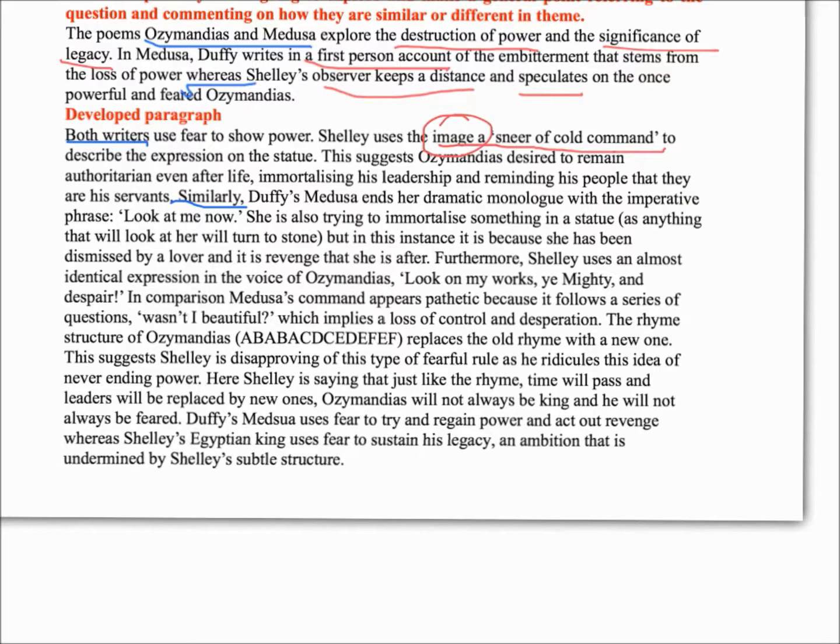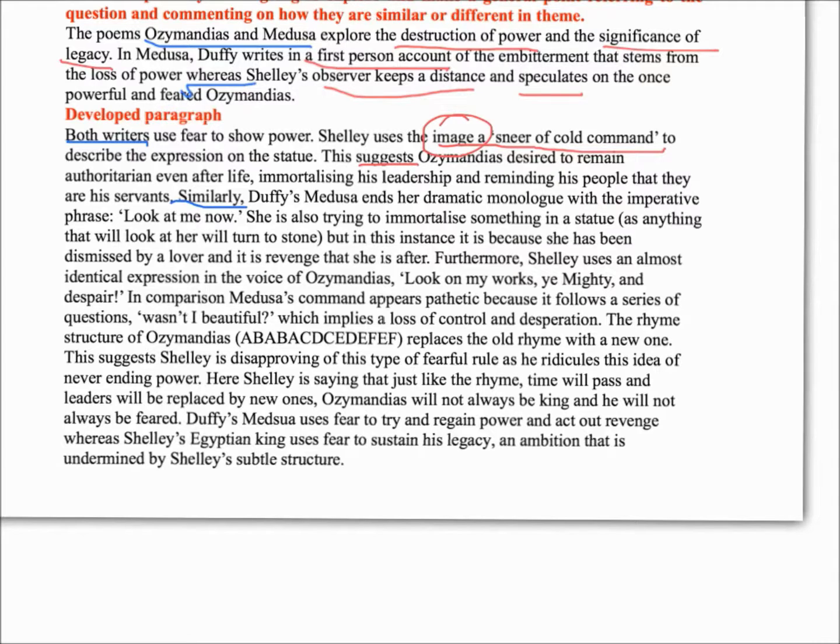And now I know we're definitely coming on to the analysis because it says the word suggests, okay? So this suggests Ozymandias desired to remain authoritarian even after life, immortalising his leadership and reminding his people that they are his servants. So it's analysed the image, the idea of the sneer of cold command, okay?